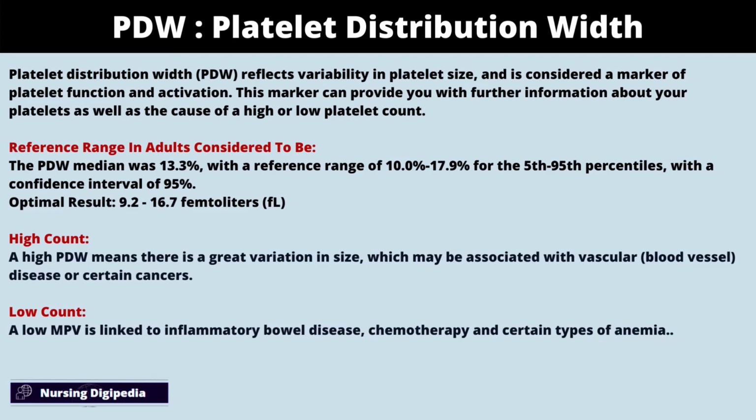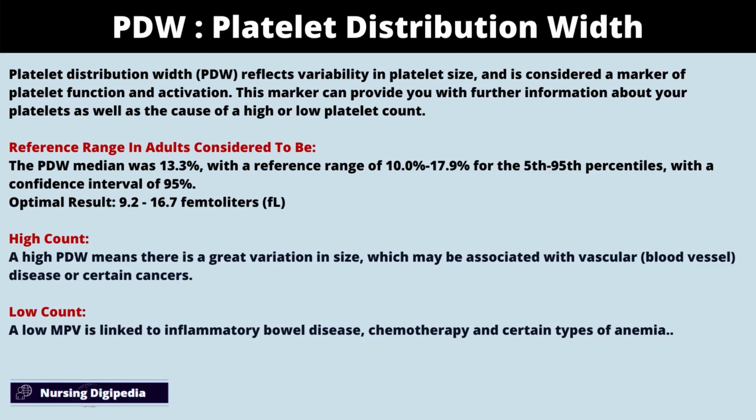Normal range in adults: the PDW median was 13.3% with a reference range of 10.0% to 17.9% for the 5th and 95th percentiles with a confidence interval of 95%. Optimal result is between 9.2 to 16.7 femtoliters.